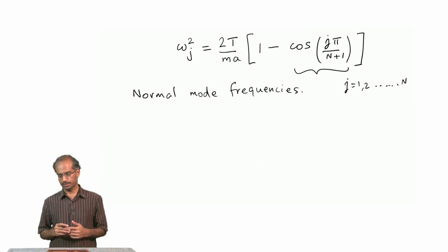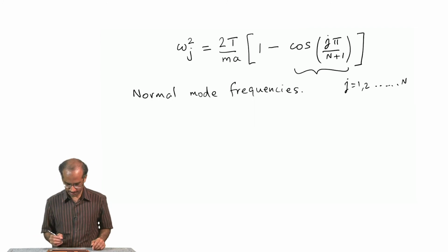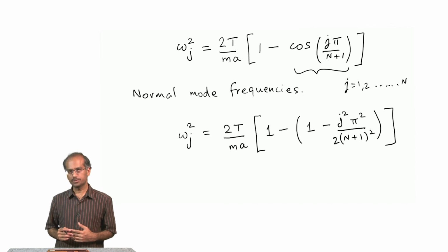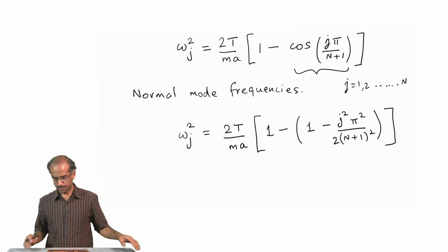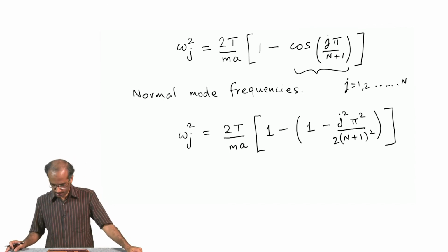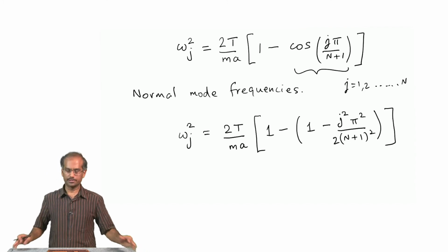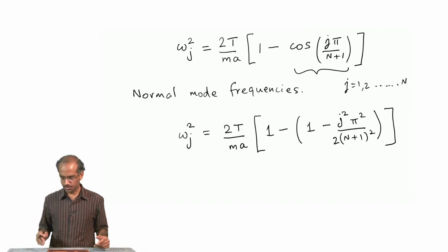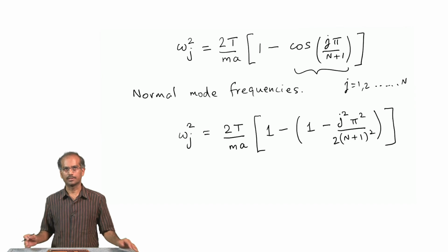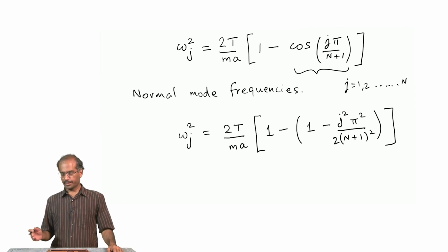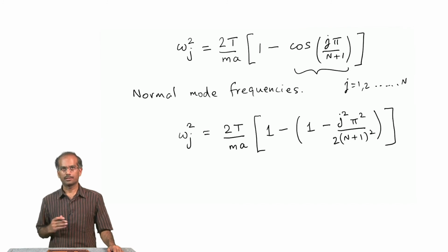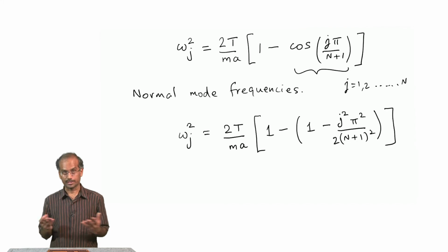So, I can expand this in a Taylor series. So, all I have done is to expand cos j pi by n plus 1, and since I am assuming that j is small and n is much larger, basically we have a large number of these particles, I am truncating the expansion up to the second term.